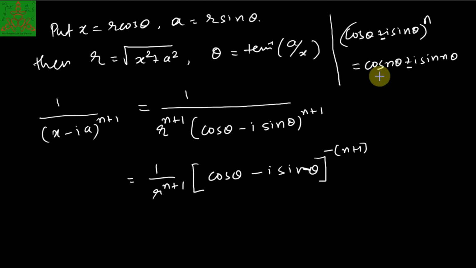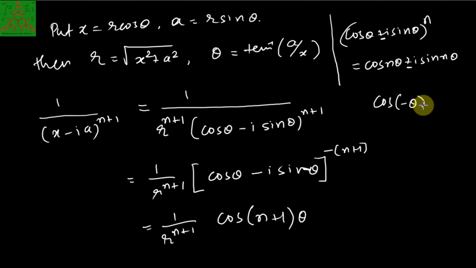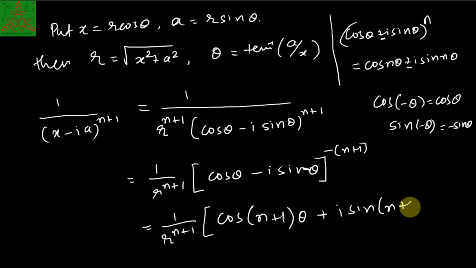Using this, we can write 1 upon r power n plus 1 cos of n plus 1 theta, because cos is an even function, cos of minus theta is cos theta, and sine of minus theta is minus sine theta. So that minus becomes plus i sine n plus 1 theta.